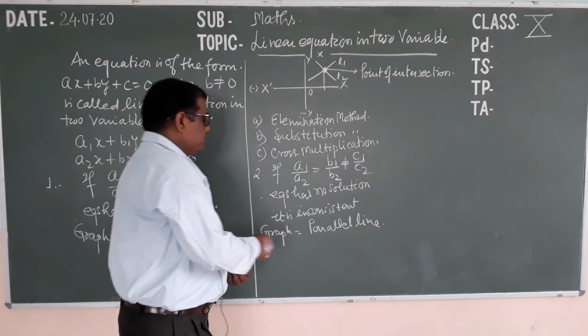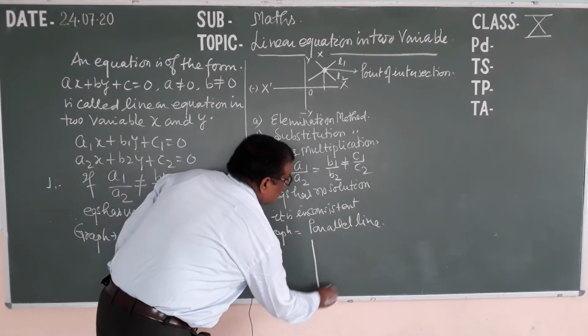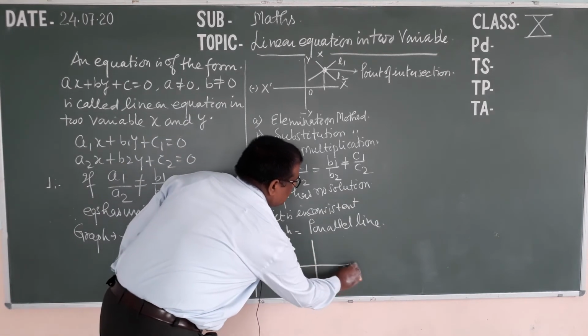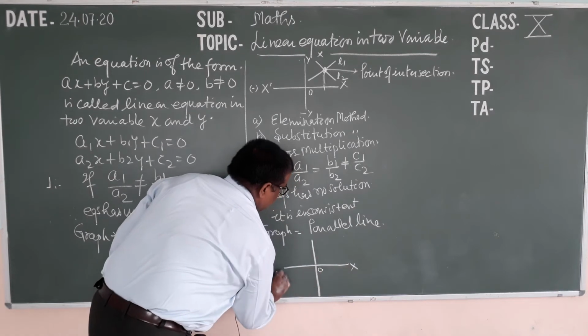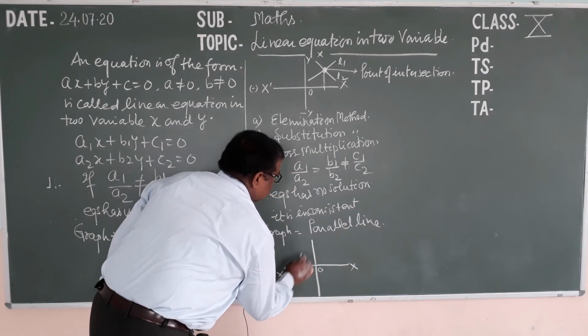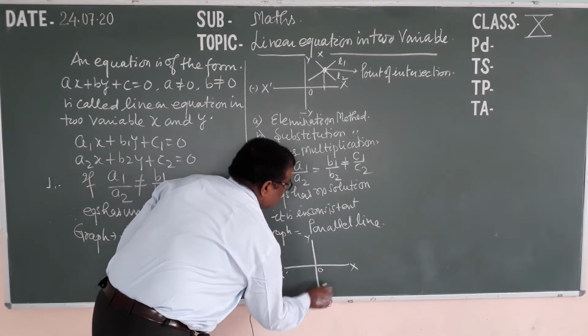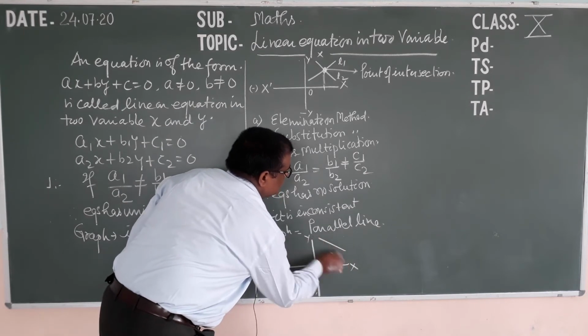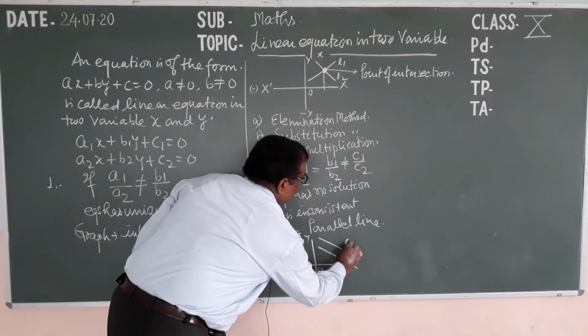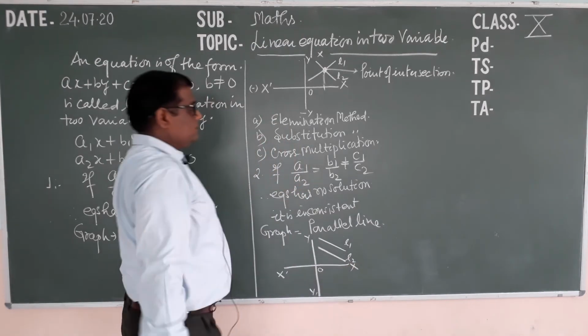If we have to draw this graph, it will be of this type: x, origin O, x-axis, x dash, y and y dash. The graph will be found like this, L1 and L2.